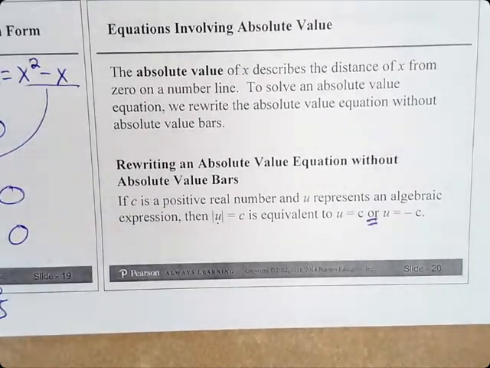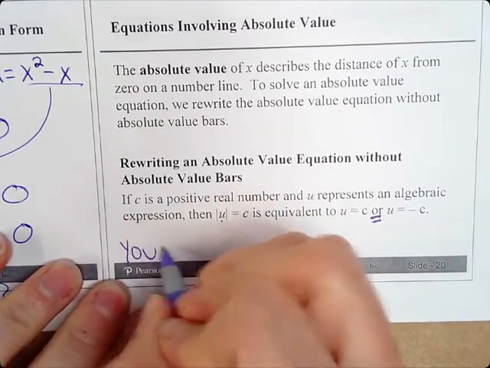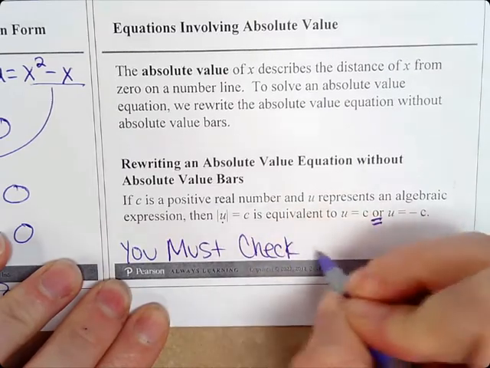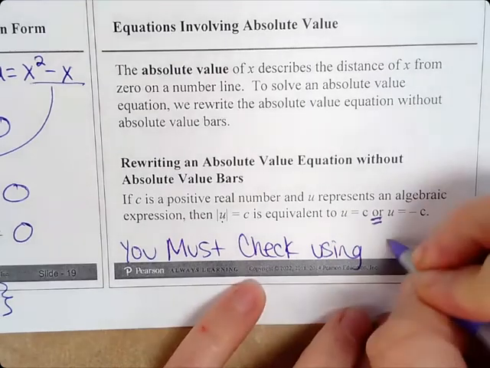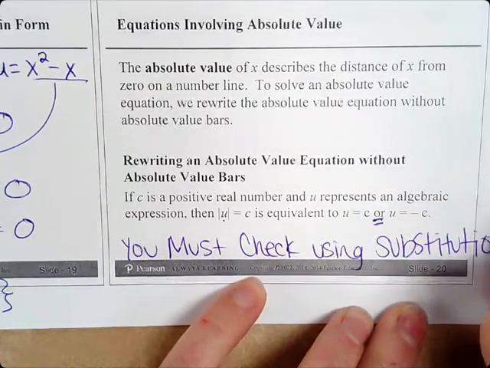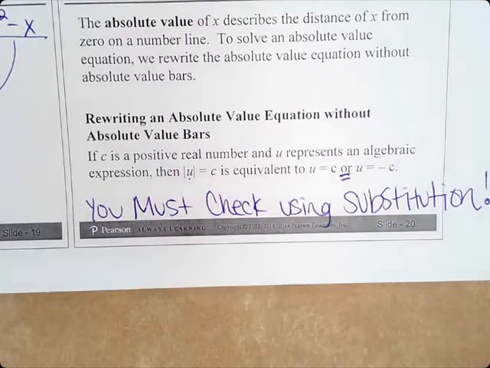So you're going to write down 2 equations and solve both of those. You must check, using substitution or the table. There will be answers that are extraneous. They are not true.